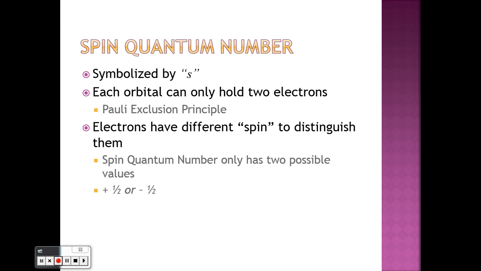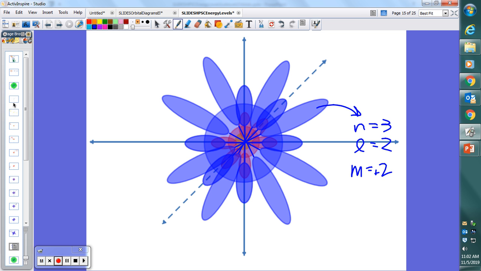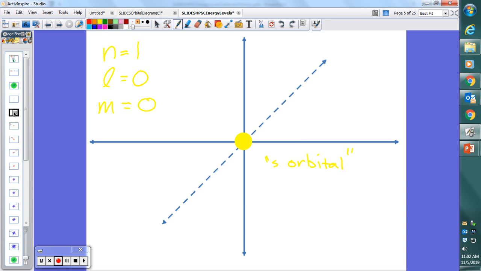So hold on, we're almost done. Let's go back to our very first orbital. There it is. Here are 3 quantum numbers that we use to describe this orbital. We just learned that in this orbital, how many electrons can there be? Only 2.